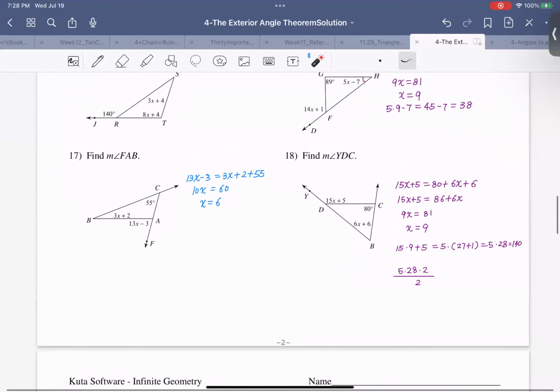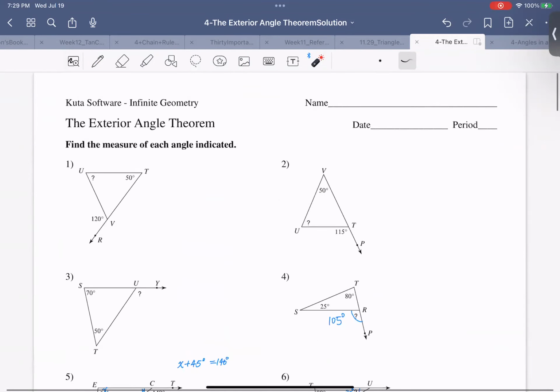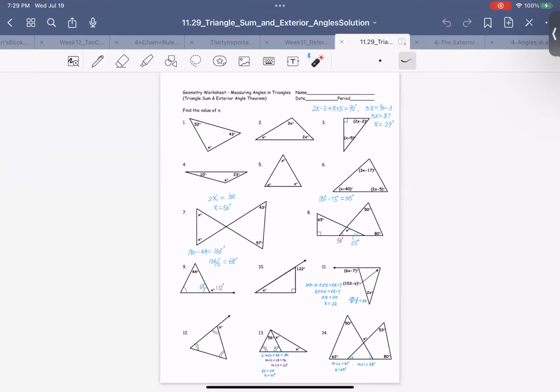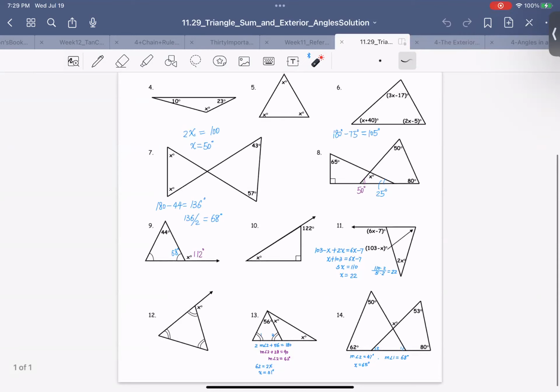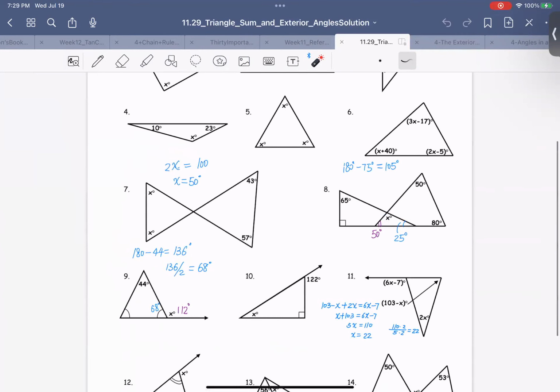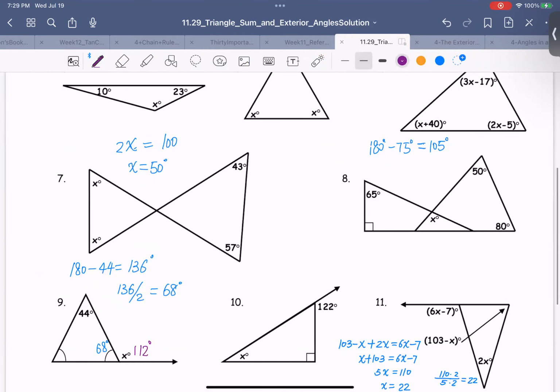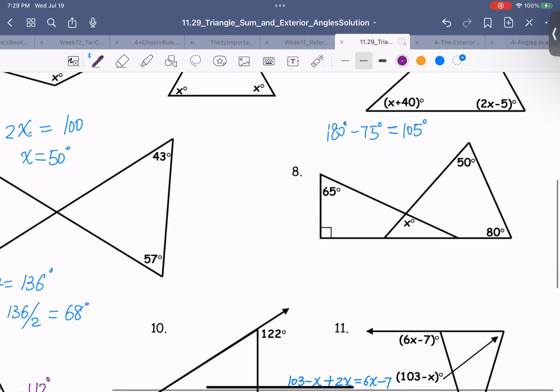Okay. All right. Now, I don't think this worksheet has any difficult question. And let's see if we have more complicated ones over here. Yeah, let's see something right here. In this graph, we want to get that angle.